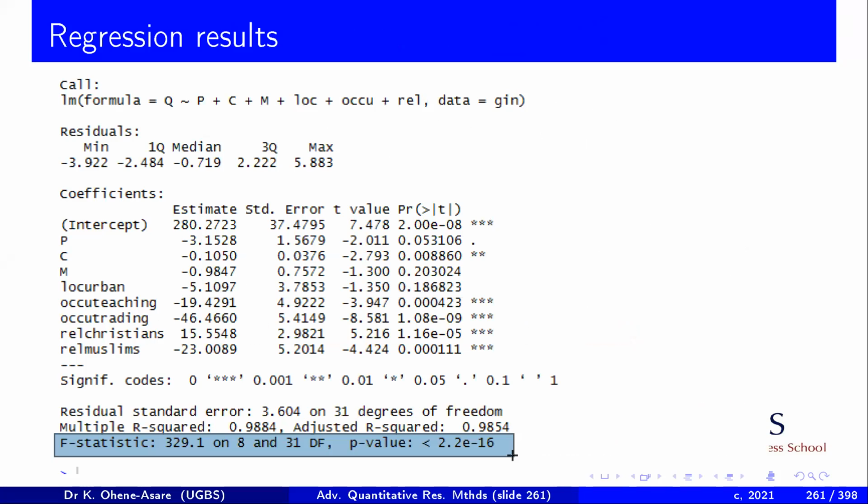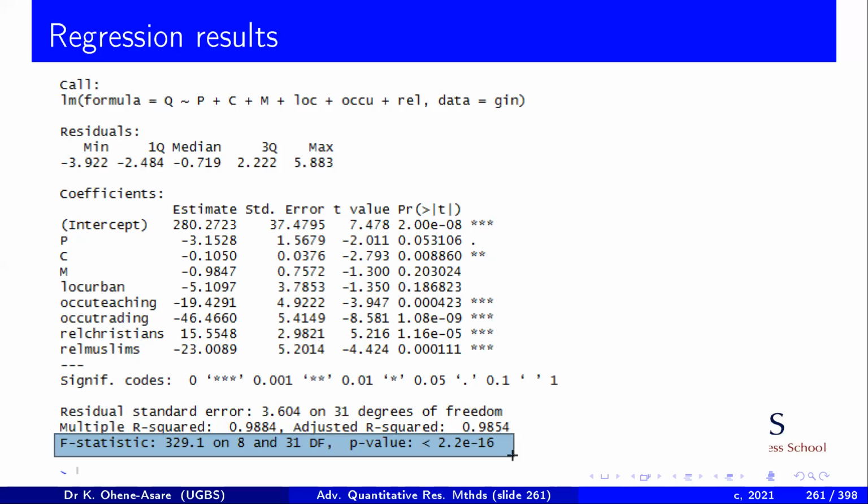The 31 degrees of freedom is n minus k, and n is 40. The k is the number of independent variables. Then you subtract 1 from it because of the intercept, so it becomes n minus k minus 1.